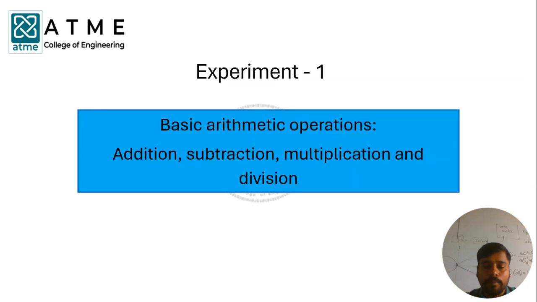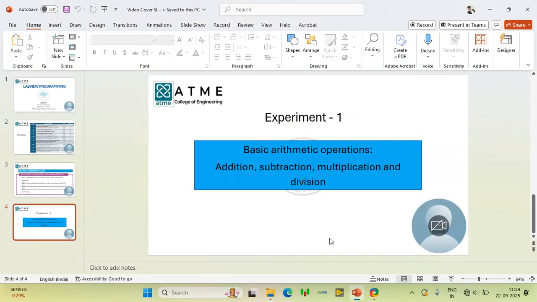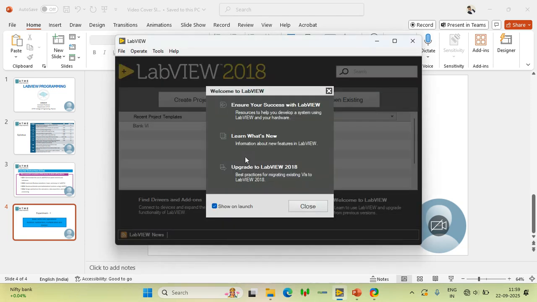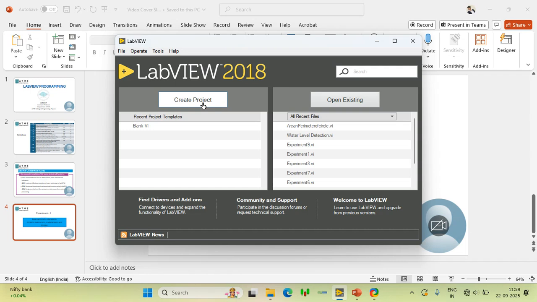Okay, once again welcome you all to this experiment 1 tutorial, basic arithmetic operations. So now I'll directly launch the tool. Once you launch the tool, you will find two different options, create project and open existing.